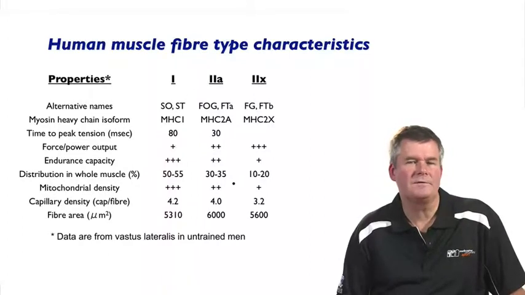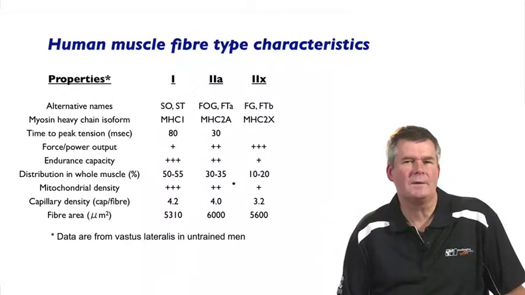The type 2A, the fast oxidative glycolytic, or type fast twitch A. And in the past, the 2X fibres have often been referred to as fast twitch B. In most limb skeletal muscles in a human, there is no 2B myosin heavy chain. It's found in some animals and in some of the very fast contracting muscles of the eye. But in most limb skeletal muscles, what used to be known as 2B is really the 2X myosin heavy chain isoform.